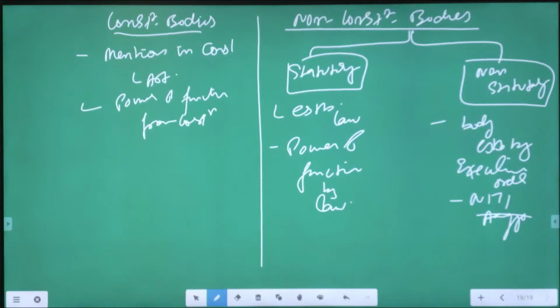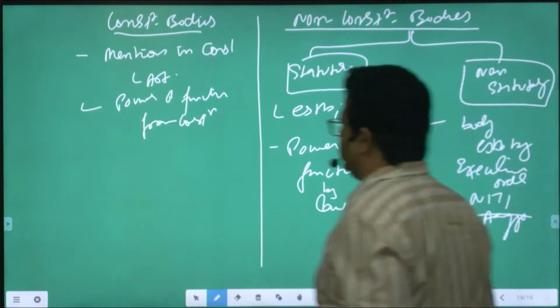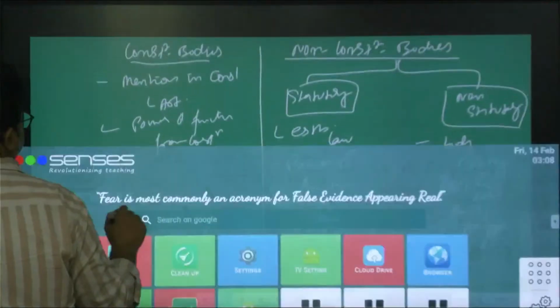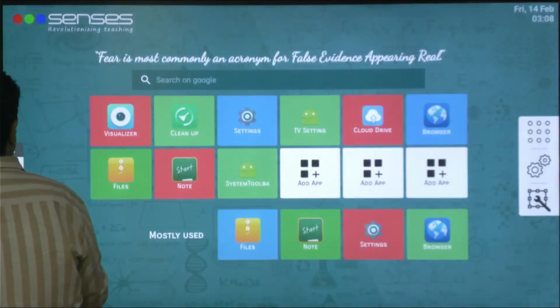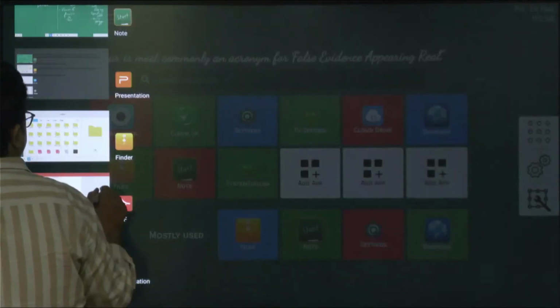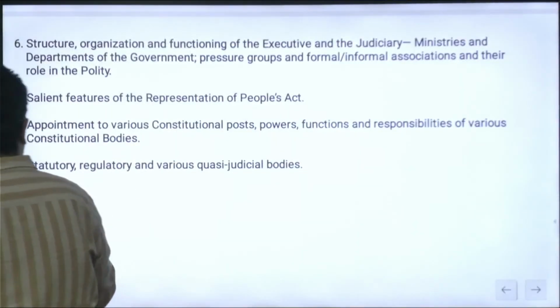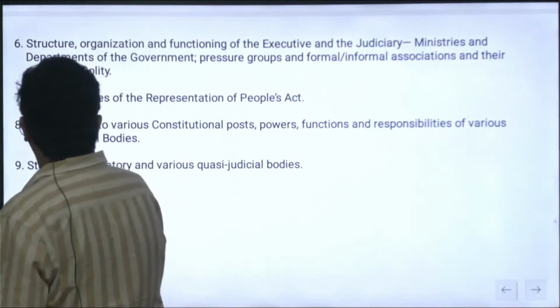So this is what we need to understand, or go through the syllabus which is provided by the UPSC. So if we come to see this, right?